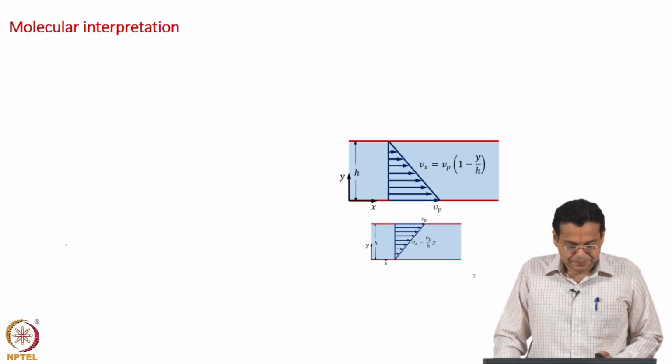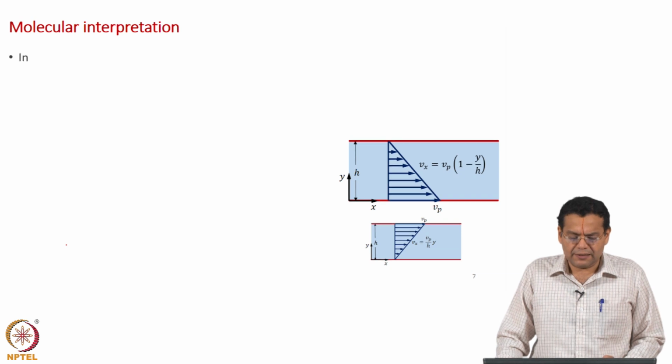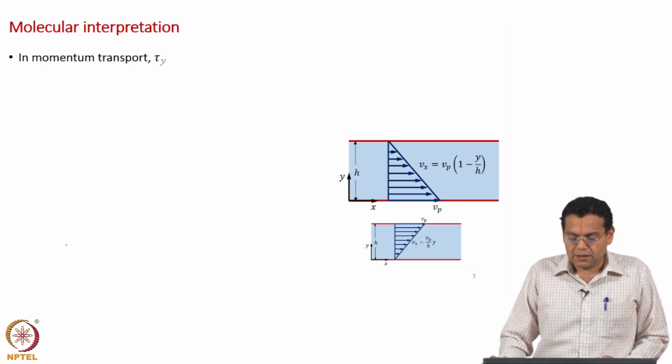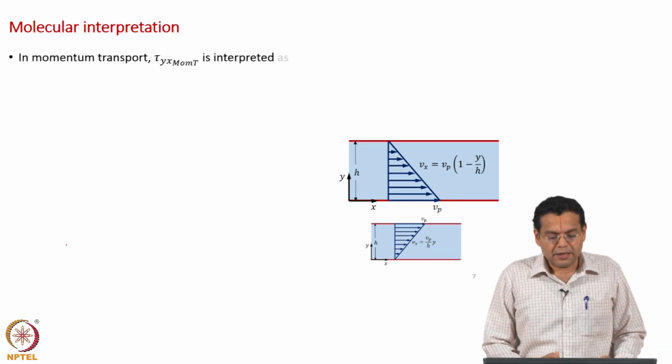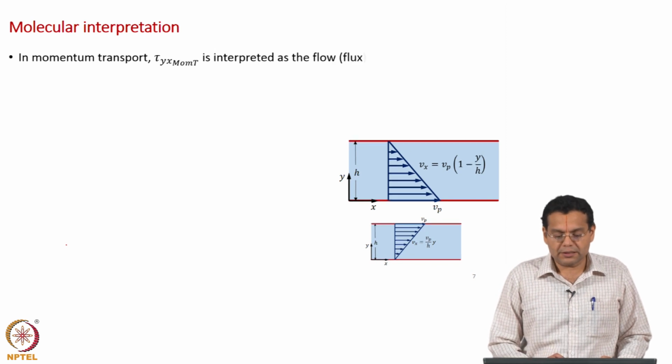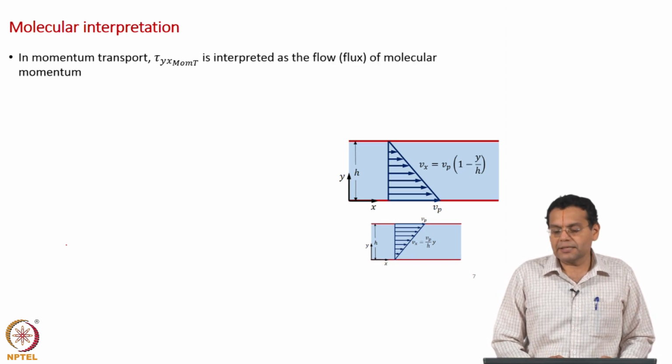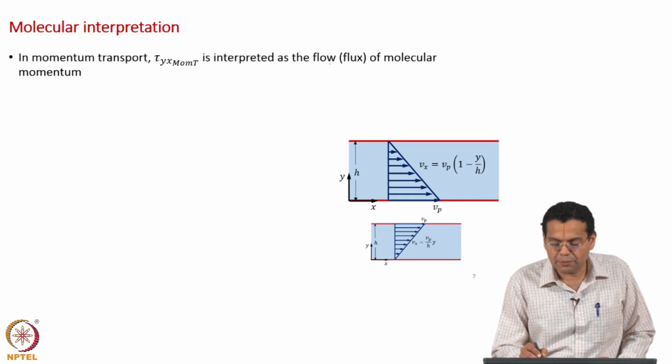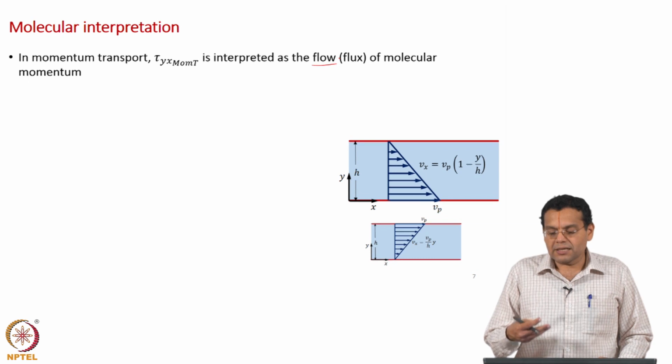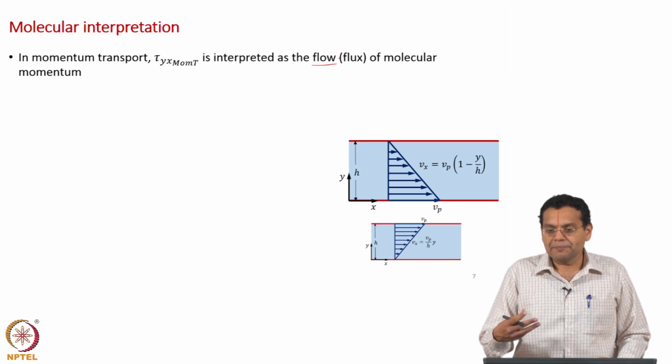Now, let us proceed further. We have seen this just now. In momentum transport, tau yx is interpreted as the flux of molecular momentum. I have written the word flow because tau yx is considered something flowing. What is it that is flowing? That is x momentum being transported.